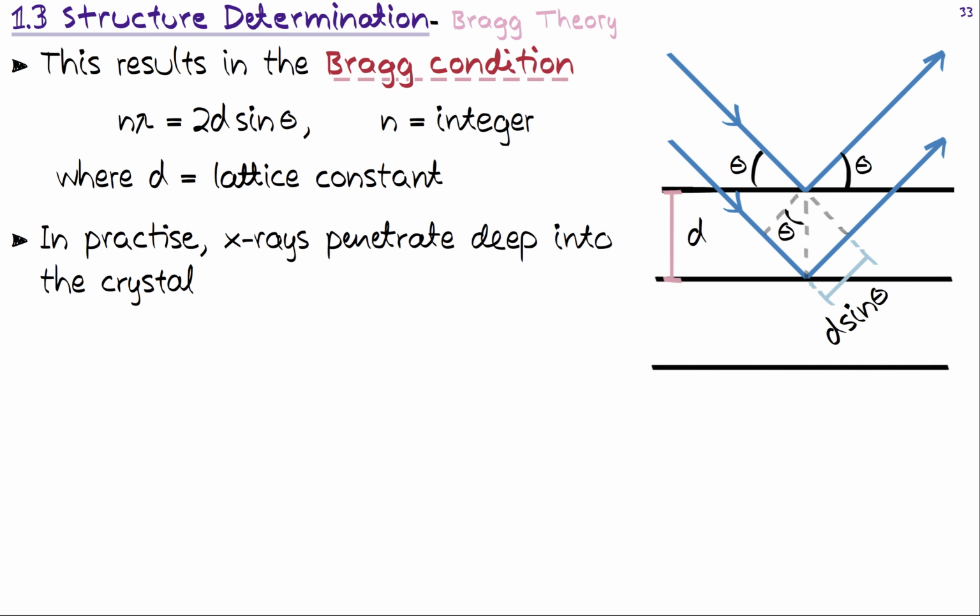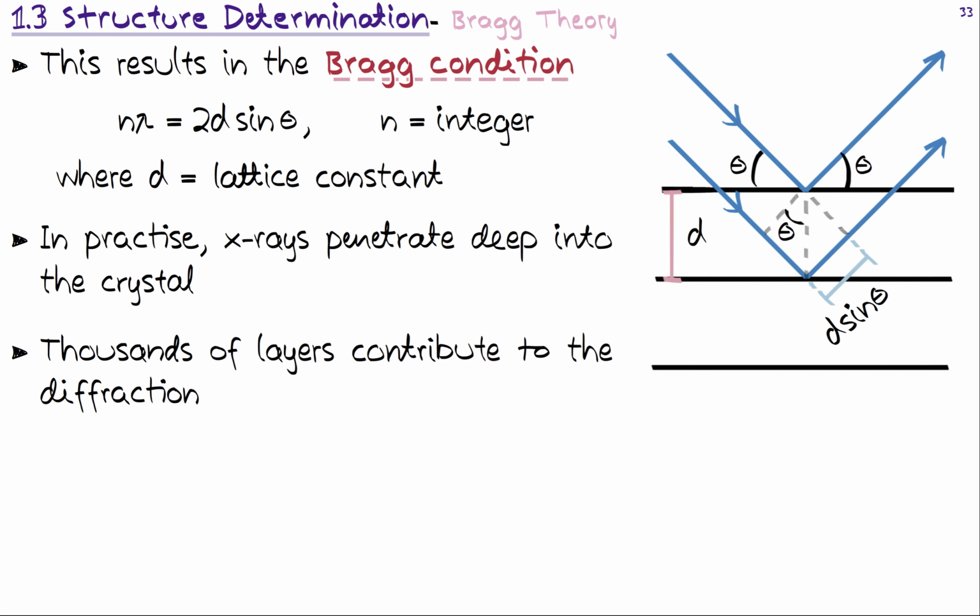In practice, the X-rays penetrate very deep into the crystal, so thousands of layers can contribute to the diffraction. What this means is that the diffraction peaks are very sharp, so that even a small change in the scattering angle, the reflection angle, makes the constructive interference disappear, and we don't have the diffraction peak anymore.